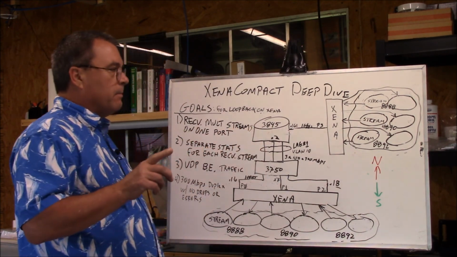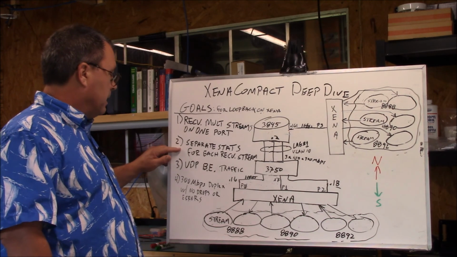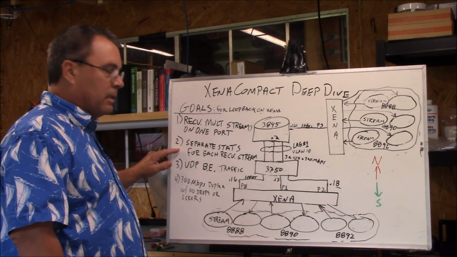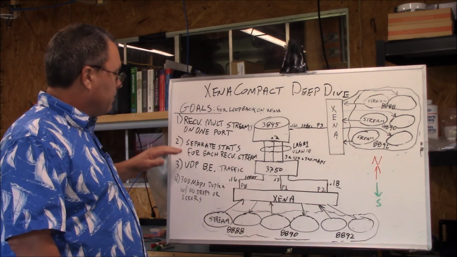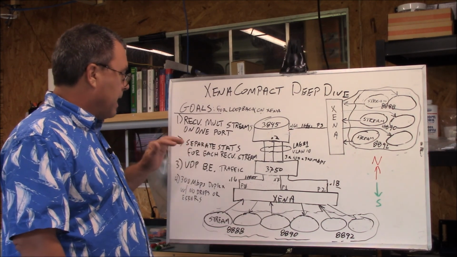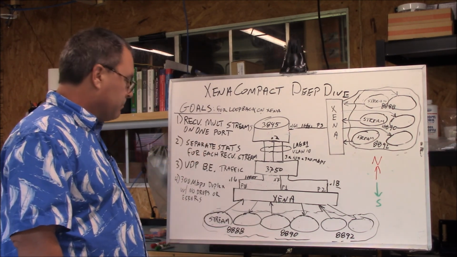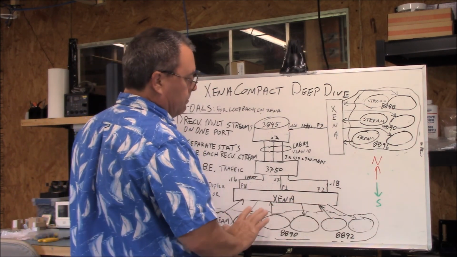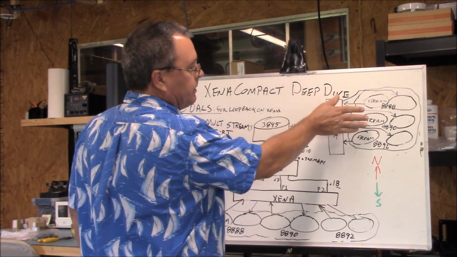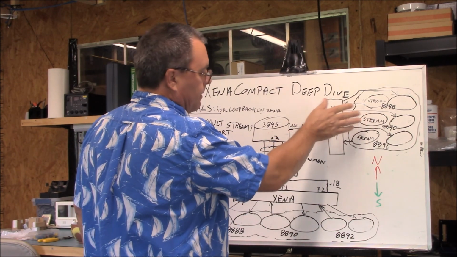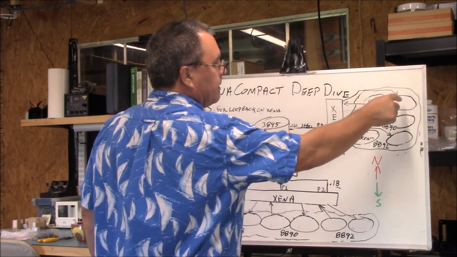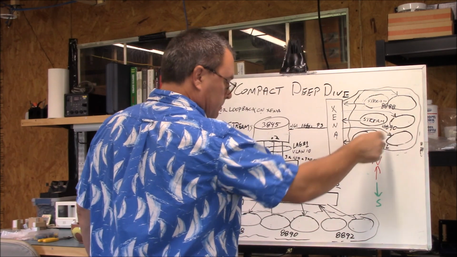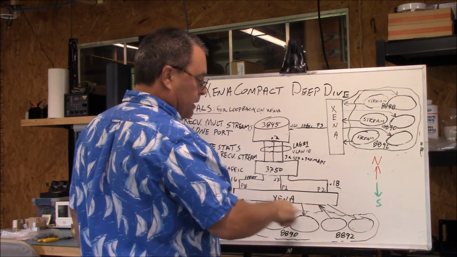It's the next goal that I'm not really sure how to do, and we'll have to look into this: I want to make sure we can see separate stats for each received stream. So if we've got all 3 of these things pumping traffic into this port right here through the lag, I want to be able to see the received stats for each one.